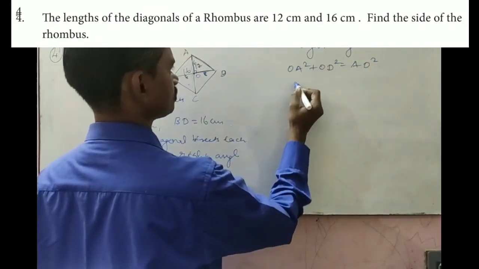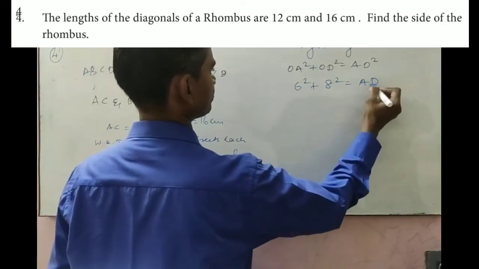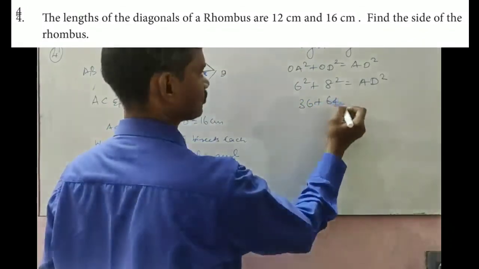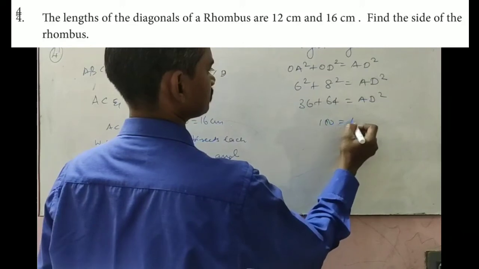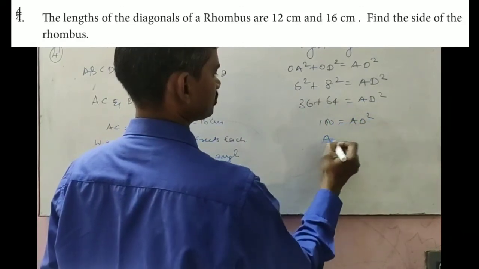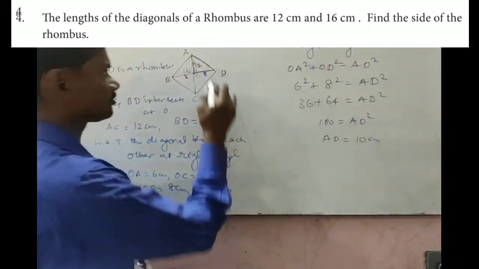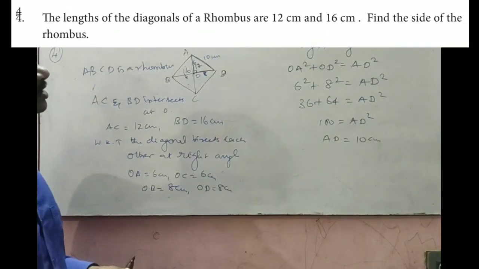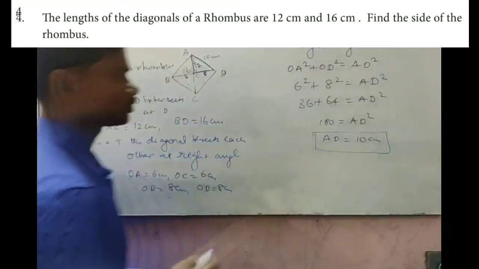OA is 6, so 6 square plus 8 square equal to AD square. 6 square is 36, 8 square is 64. If you add those two, you will get 100. AD square is equal to 100. So AD is equal to 10. So the side of a rhombus is 10 cm. In a rhombus, all sides are equal, so it is enough for you to find one side.